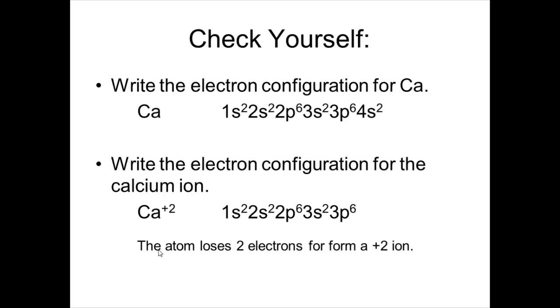If calcium can give away 2 electrons so that it only has 18 instead of 20, it'll look like a noble gas. So the configuration for the calcium ion is 1s2, 2s2, 2p6, 3s2, 3p6. Now which noble gas does that look like?